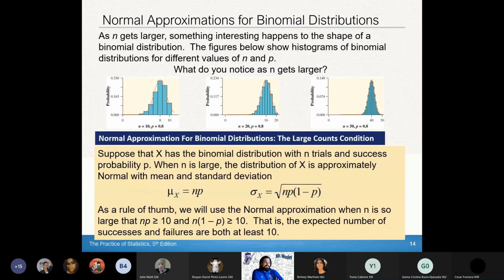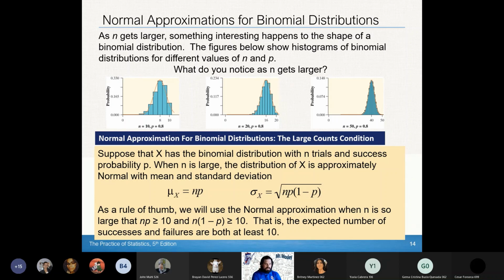So this leads us to the large counts condition. This goes for something that's already satisfied the 10% condition. We can then check the large counts condition to see if I can use a normal approximation on a binomial distribution. Suppose that X has the binomial distribution with n trials and success probability P. When n is large, the distribution of X is approximately normal with mean and standard deviation found the same way we just did for binomial distributions.